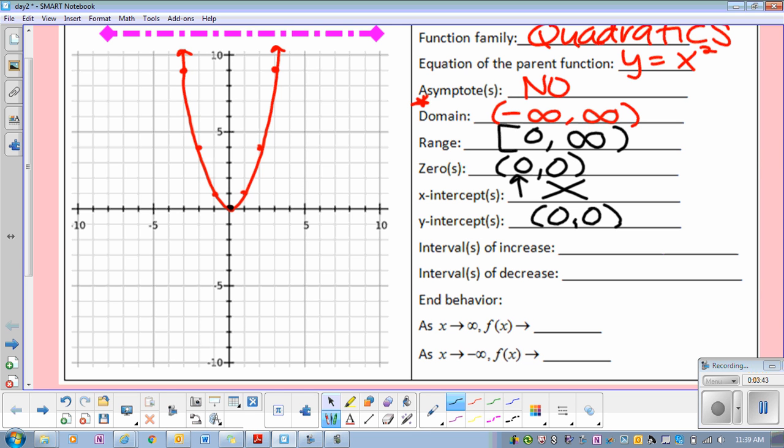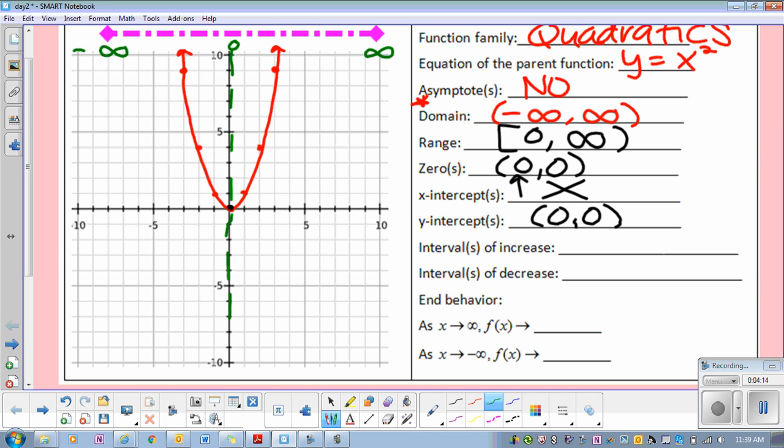Okay, so now we're going to look at increasing and decreasing intervals. So the same thing that we did when we looked at the absolute value. You see how your graph changes direction here at the vertex, right? So I drew a vertical line through that vertex. What x number does this line go through? 0. And then you have an arrow going to the left to negative infinity. You have an arrow going to the right to infinity.